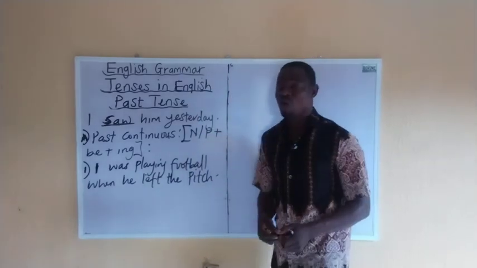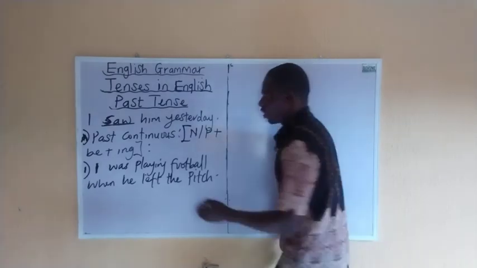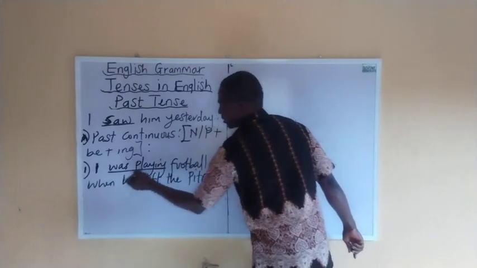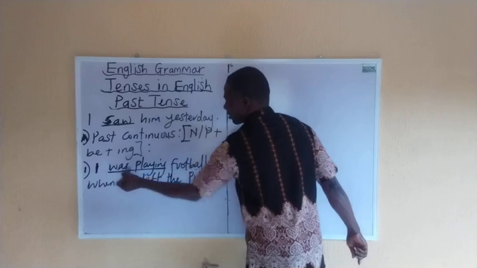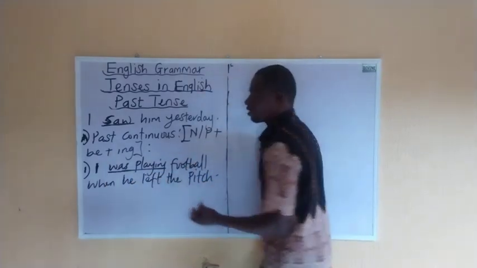Was playing here is past, while playing here is continuous. Past continuous. That's it for the past continuous.